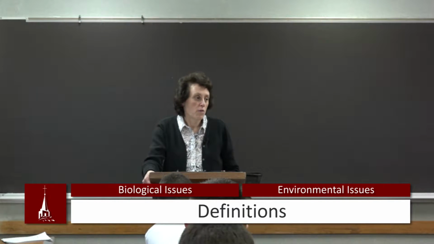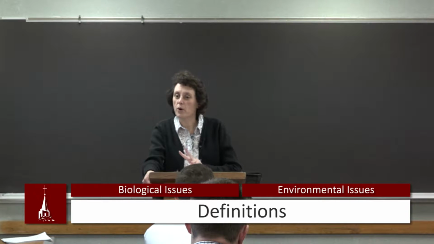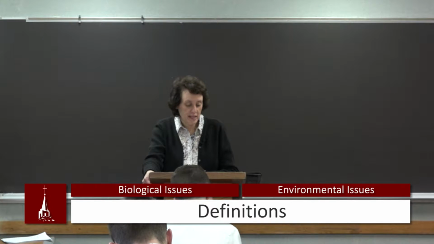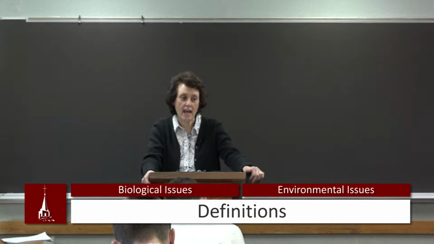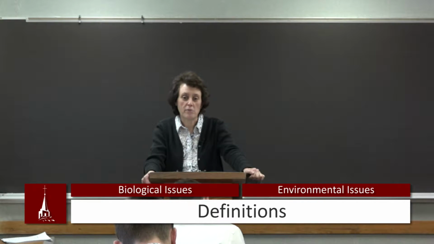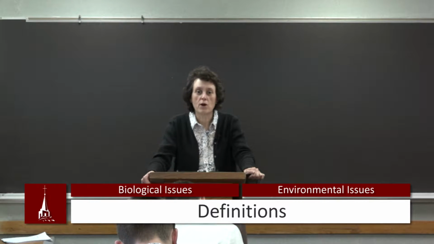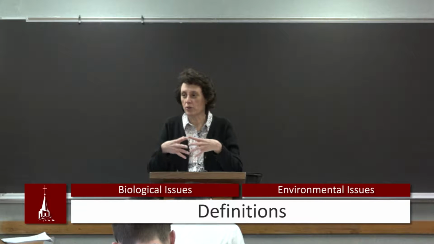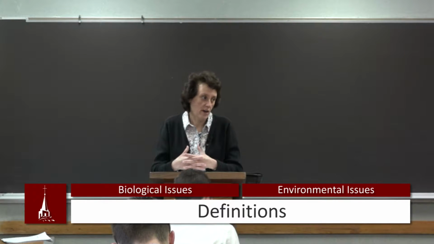Together, the relationship between those two components is called a niche. Niche is an organism's place in its community and habitat. We're talking about an ecosystem, with living things living together, interacting with the non-living environment.